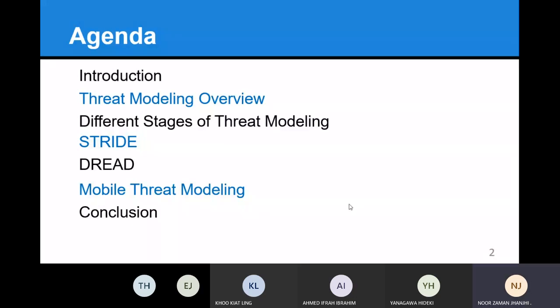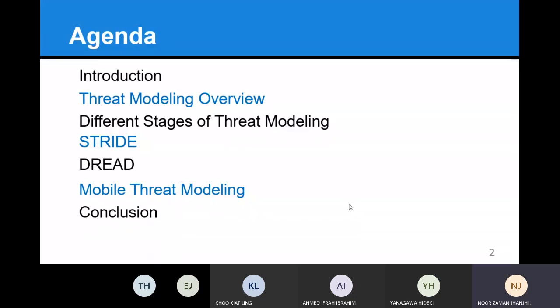The same goes for DREAD. They are both different types of threat model. The most commonly used is STRIDE, so we will discuss STRIDE and also DREAD, so you will understand the difference between them and what STRIDE is for.